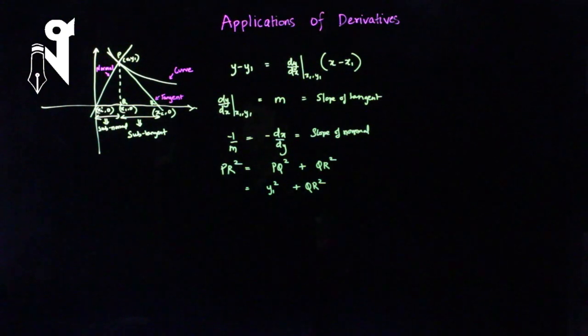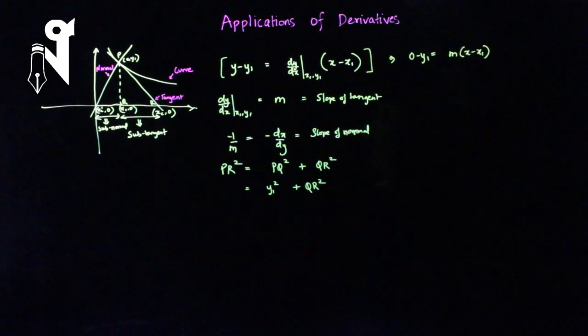To get the point xc comma 0, the x-intercept of the tangent, I'll have to substitute y equal to 0 in the equation of the tangent. Why? Because the y coordinate at the x-intercept is 0. So what I'll get is 0 minus y1 equals m, I'm writing dy by dx slope as m, into x minus x1.